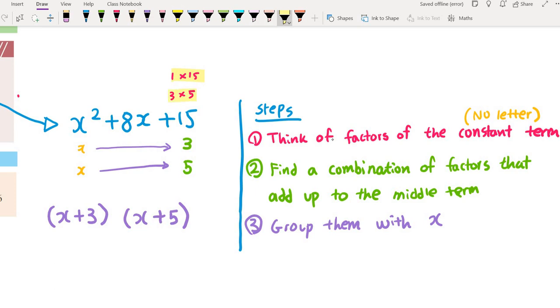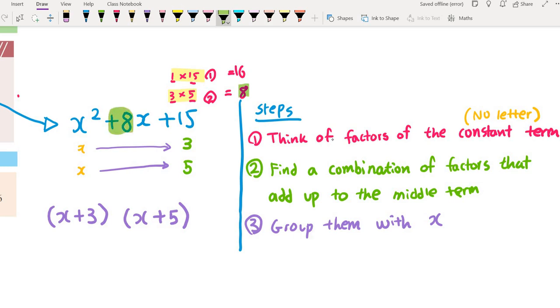And then your second step is to pick a combination. So we have combinations 1 and 2 here. We want to pick one that, when we add them up, so if we add up 1 and 15, we get 16. And if we add up 3 and 5, we get 8. We want them to add up to match the number that's in front of the middle term.